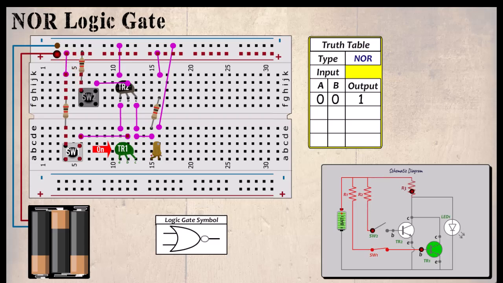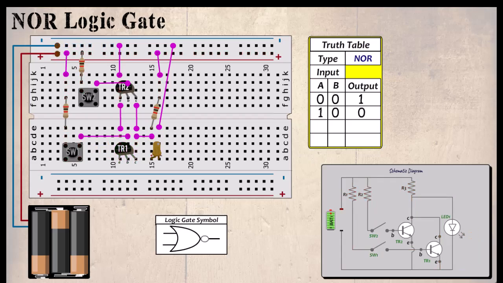It continues to R3 and to the collector of TR1, but now TR1 has become conductive, which means it will cause a voltage drop across the LED, which fails to light. This means that when the input is 1 and 0, the output is 0.